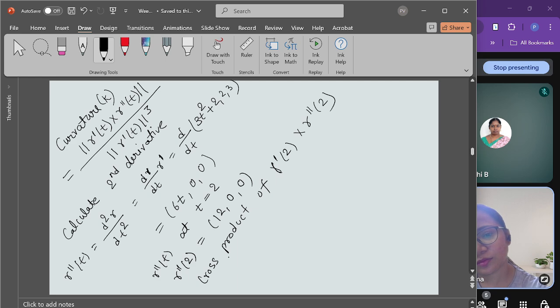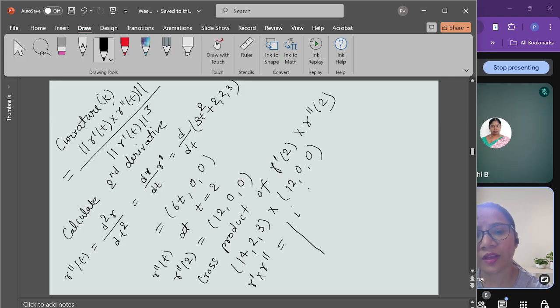Here r dash 2 we have got 14, 2, 3, and the cross product with 12, 0, 0. So how can we find the cross product? For convenience, I am just writing r dash cross r double dash, and not writing the 2. i, j and k; here 14, 2, 3, and 12, 0, 0.